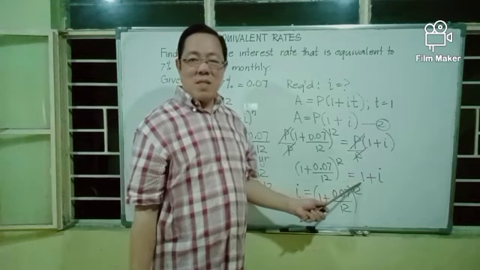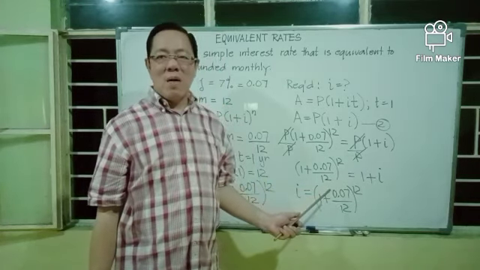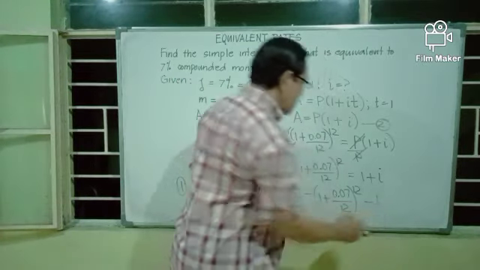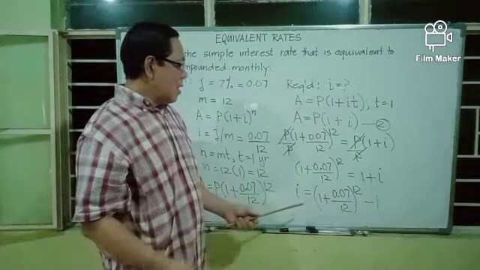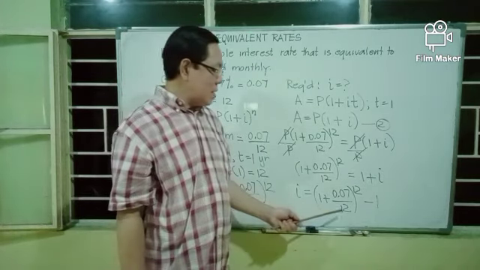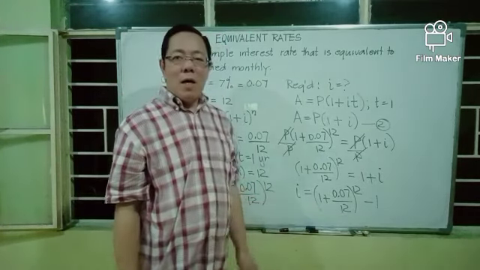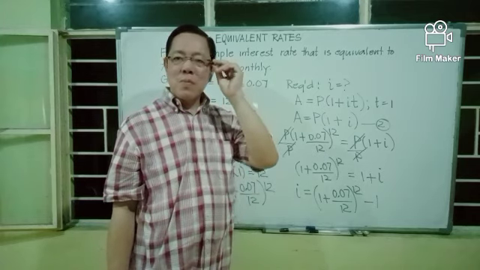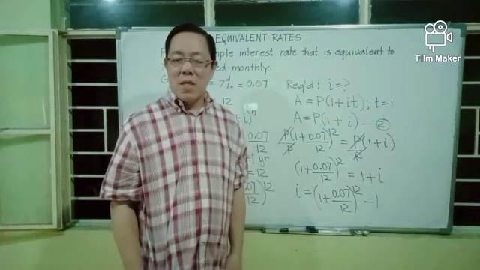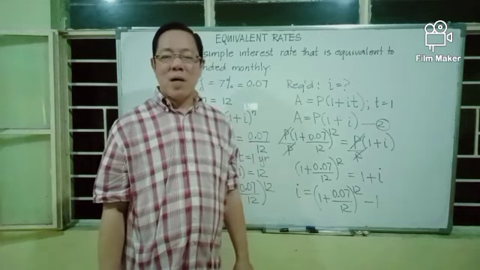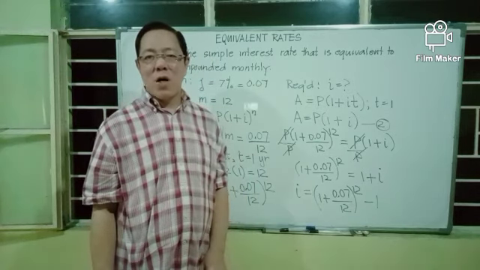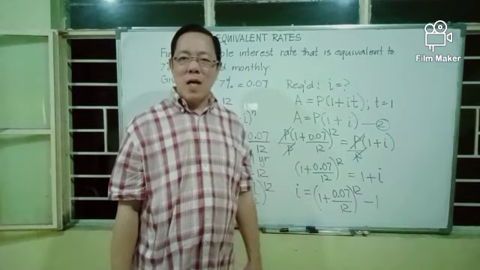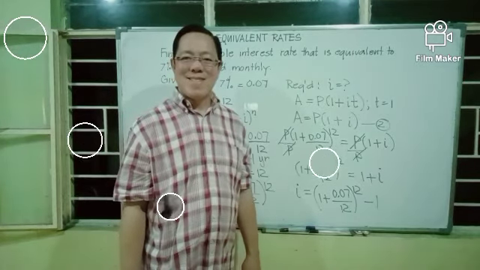The sign of 1 is positive. When we transpose it, it becomes minus 1. And we compute this quantity, the difference, and what you will get here is a decimal number, and to convert it to percentage, multiply it by 100% and round it off to 2 decimal places. And we will compute this using our calculator.